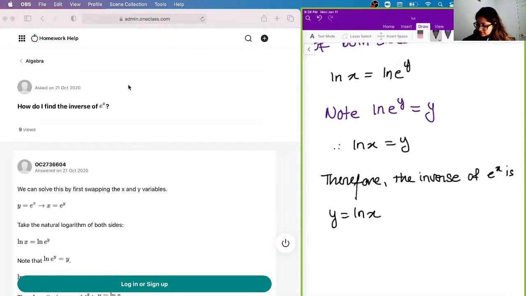We should also know that the inverse of the exponential function is the logarithmic function, and the natural logarithm is a logarithm function with base e, which is Euler's number.